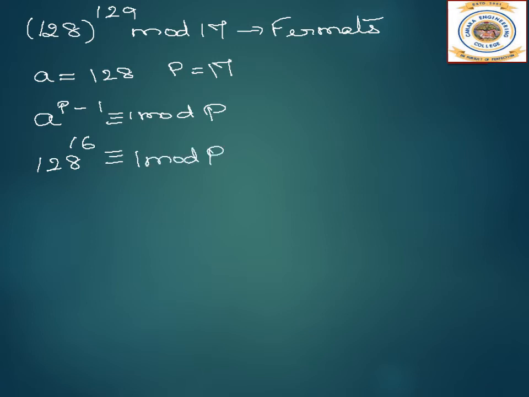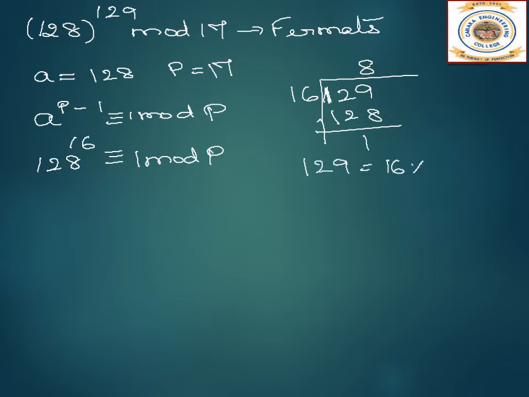Now what we will do is, we will divide this 129, that is the power whatever we have here, by 16. So when I divide, I get this as 8. 16 into 8 is 128. So remainder is 1. So I can represent 129 as 16 into 8 plus 1.